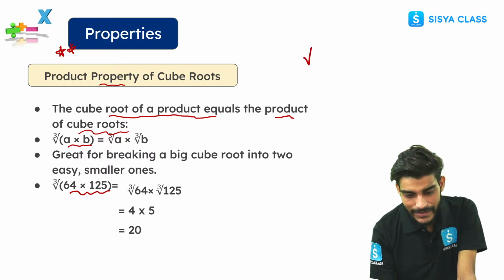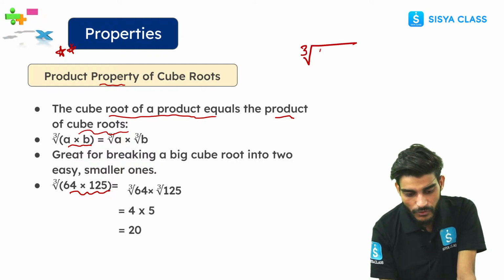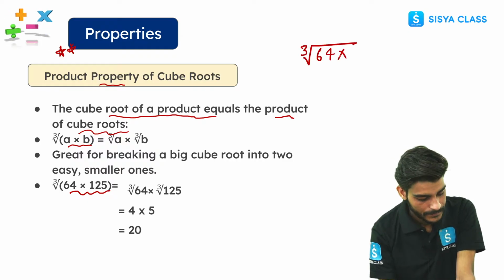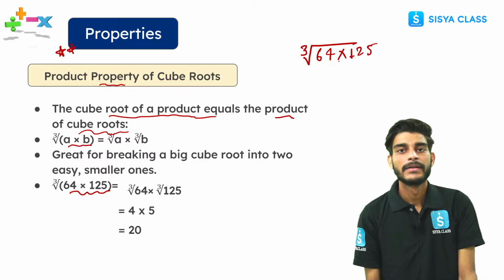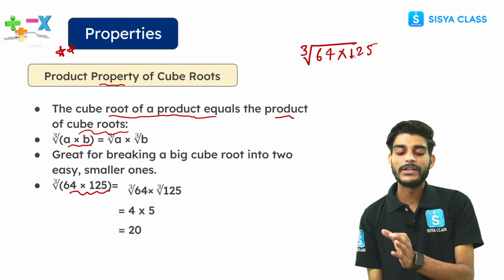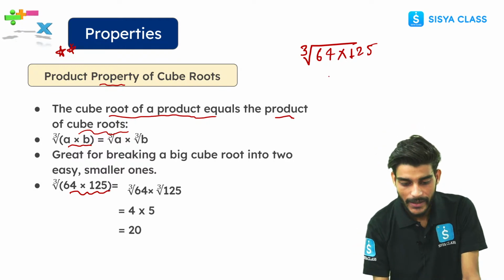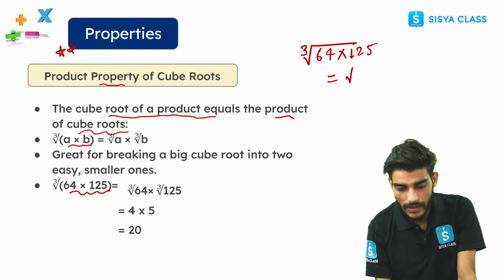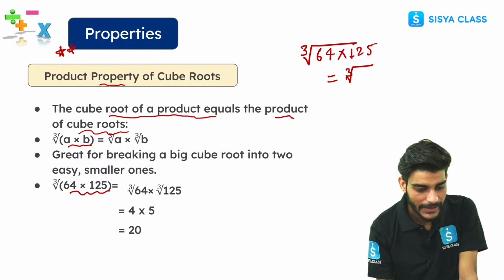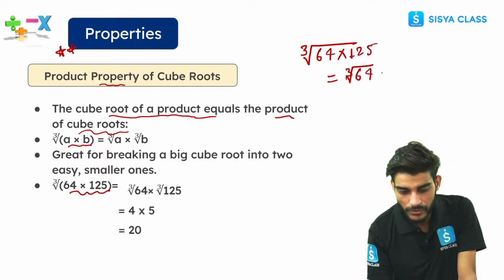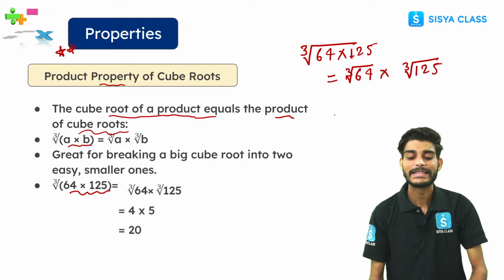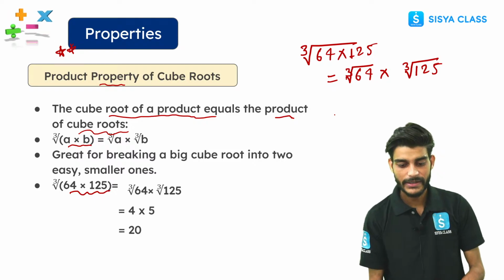Suppose you have to find the cube root of 64 into 125. So instead of finding 64 into 125 first, I'll distribute it. How? With this product property, I can write this as the cube root of 64 into the cube root of 125. Clear?